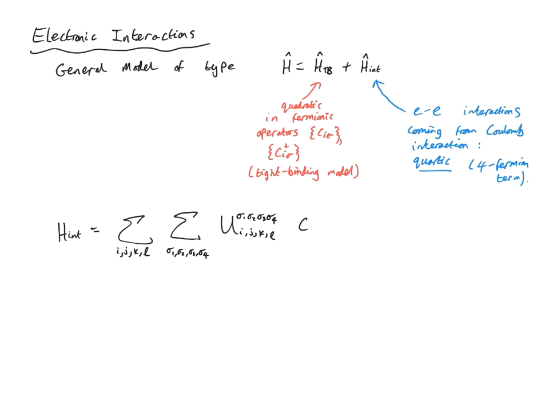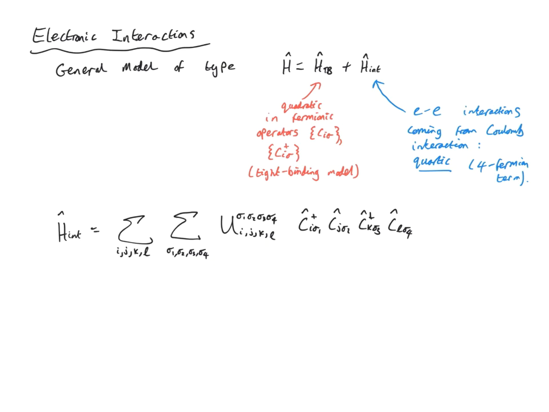And then I have the actual operators in question, which would be Ci sigma 1 dagger, Cj sigma 2, Ck sigma 3 dagger, Cl sigma 4. And of course I need 2 daggered operators and 2 not daggered operators, so that we overall conserve charge.